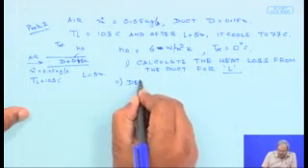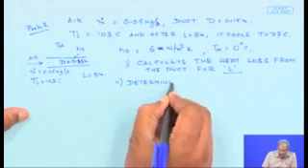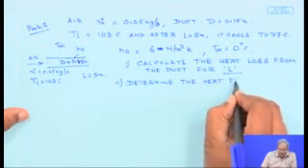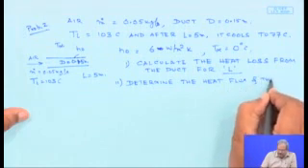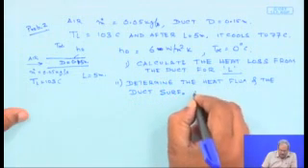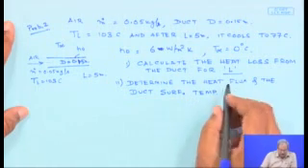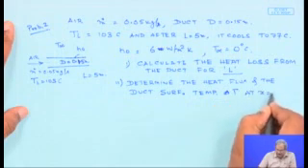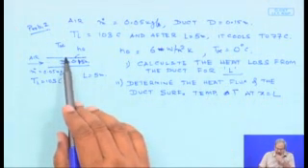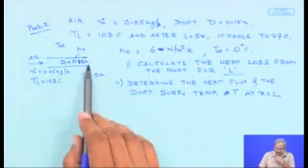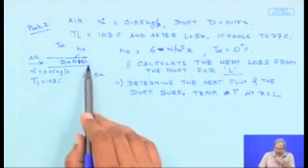The second part is to determine the heat flux and the duct surface temperature T at x equals L. So, what is the total heat that is going out for the entire length, what is the value of the heat flux at x equals L, that means at 5 meter, and what is the temperature of the duct surface at x equals L.